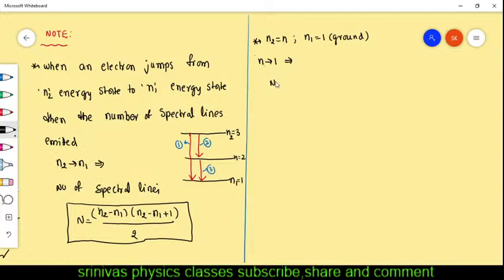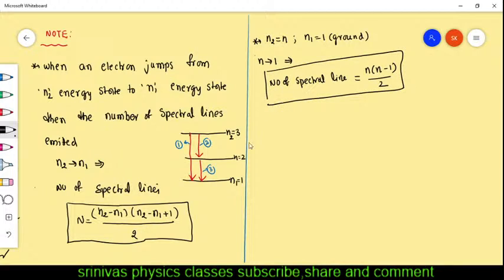Then how many spectral lines will be released? In the number of spectral lines formula, n2 is n and n1 is 1, so n minus 1 we get here, and n2 minus n1 plus 1 becomes n. Then we get n into n minus 1 by 2. This is the number of spectral lines released when transition occurs from the nth orbit to the ground state, first orbit.